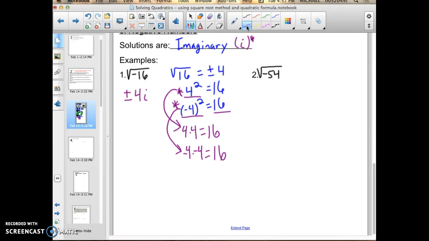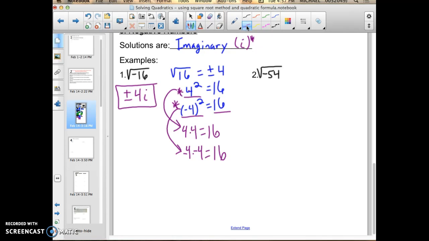That's why I need that i. So when you take the square root of a negative number, please, please, please always put an i, because that tells me that you know you're entering the realm of imaginary numbers.